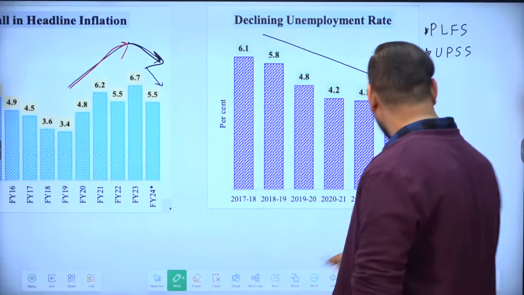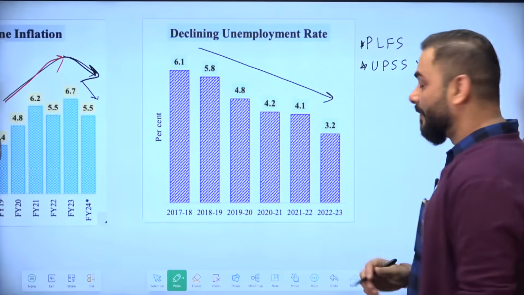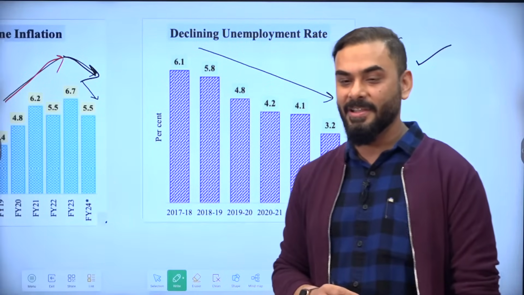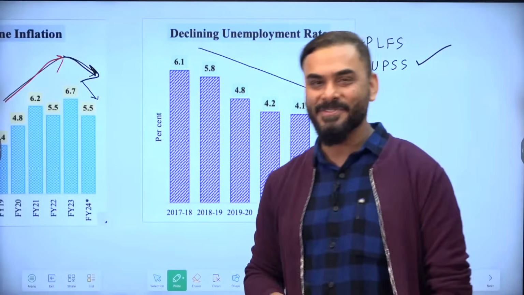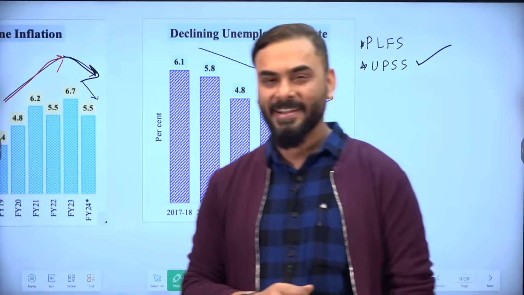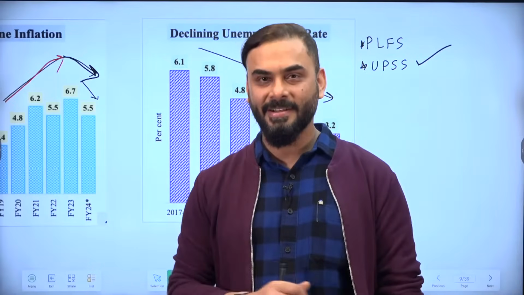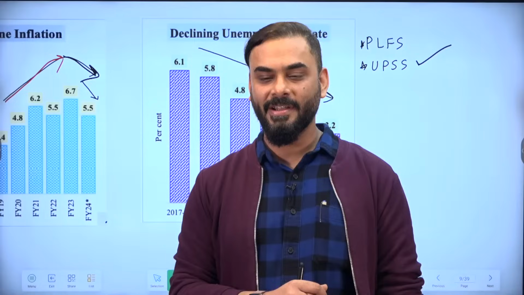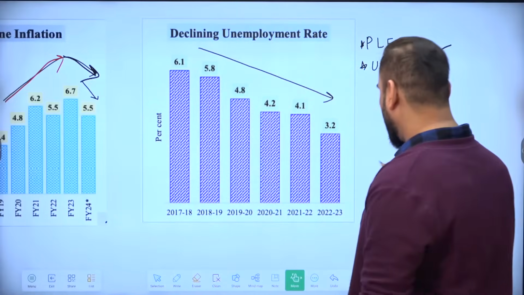No. This is that method which is used. The data is collected by the Periodic Labour Force Survey. Yes, UPSS, absolutely correct, UPSS. So that is the method that we use; mostly the unemployment figure that you see in India is reported using that. Very good.